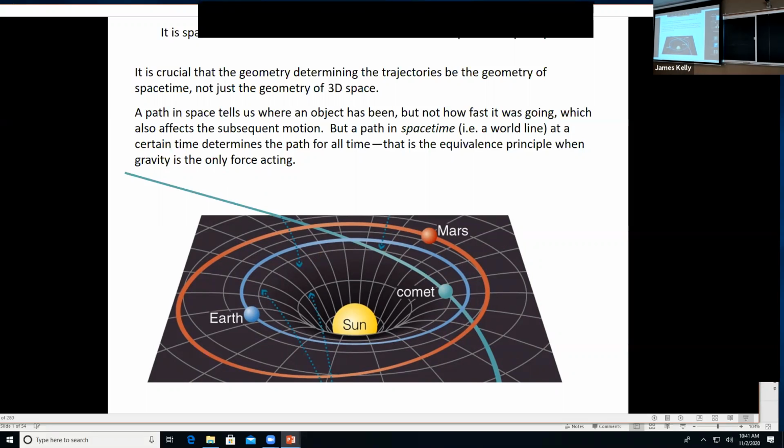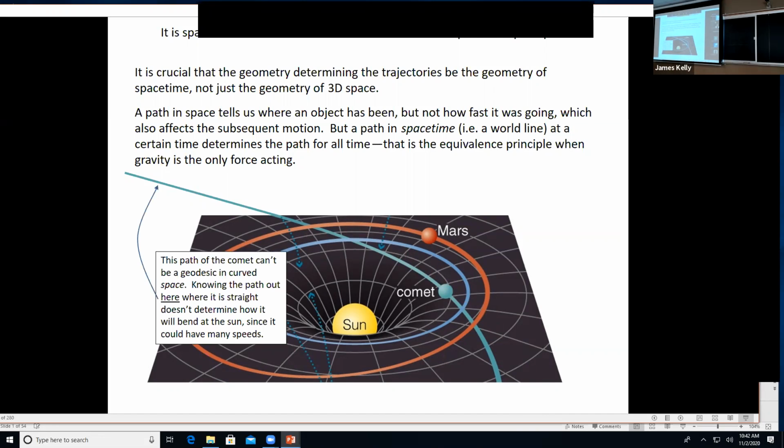So we're not talking about this. If you go through a certain point in space, that doesn't mean that you're going to continue even in the same direction. It doesn't mean you're going to continue on the same path, because you might have been hitting that point at a different speed. If you hit it with a faster speed, you might get thrown out of the universe. If you hit it with a slower speed, you might go into an orbit. But the claim is when you generalize this kind of picture to space-time, that's not going to happen.